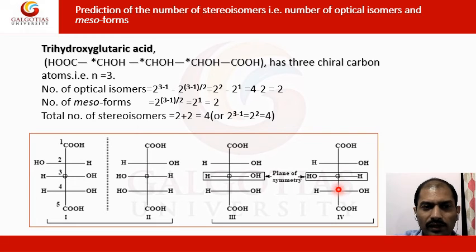But if you know the simplest approach or rule which is assigned for calculating the chiral centers, and how to check the optical isomers, meso forms and stereoisomers, for each case, whether there is an even or an odd number of chiral carbons, then you can easily find out the total number of stereoisomers. Meso forms you can also check with the same approach, and optical isomers you can also check with the same approach.